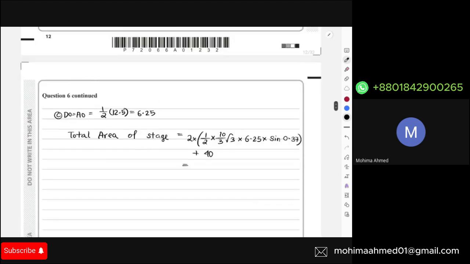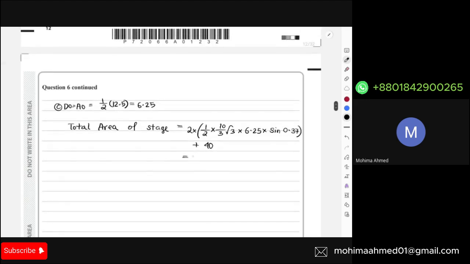They have asked me to keep the answer to one decimal place. So in that case, I get 53.0 meters square, because I get 0.04, so I can only write 0. Other than this, I actually don't get anything else.